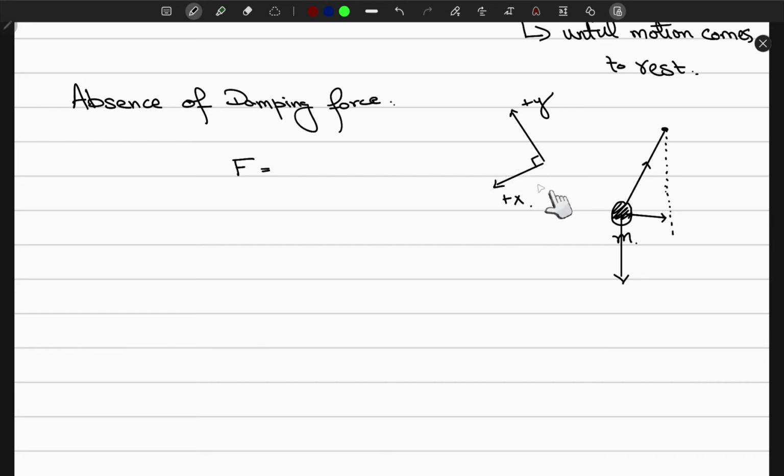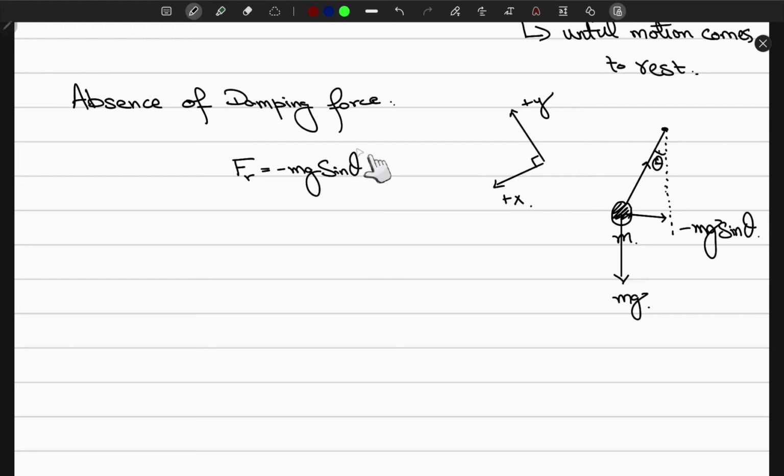Our positive x is in this direction, so it's towards the center, and it would be minus, and it would be the sine component of this force, which is mg. So it's minus mg sine theta, where theta is simply this angle from the normal, right? The angular displacement that we produce. And hence the restoring force, let's give it Fr subscript, it would be minus mg sine theta.